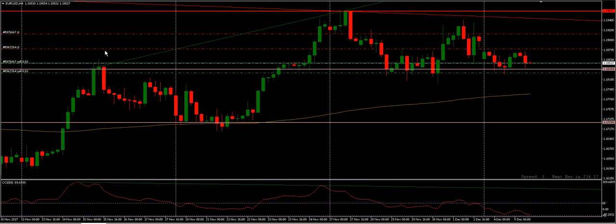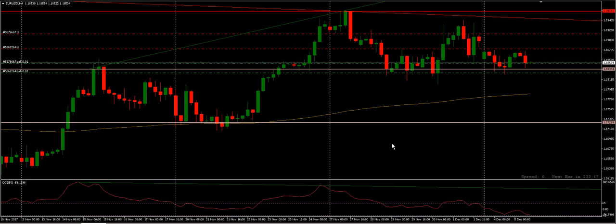So this is the high on the chart, connecting to this high down here on the indicator, and this is much of a higher high on the chart. But divergence is telling us that, looking at the CCI indicator down here, this is actually a lower high.